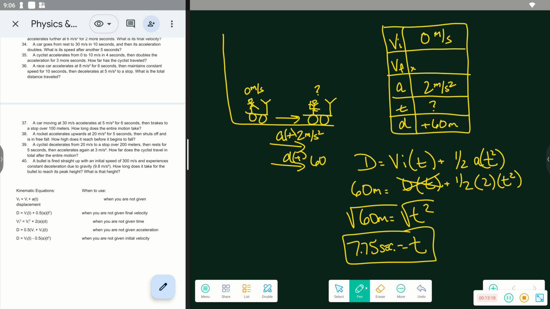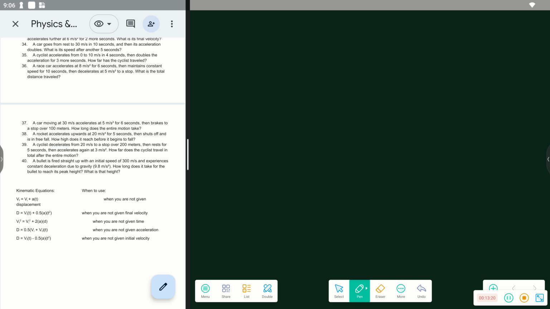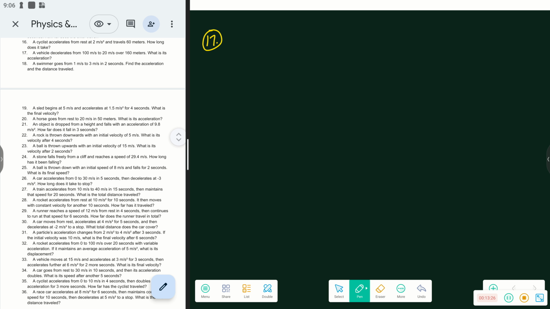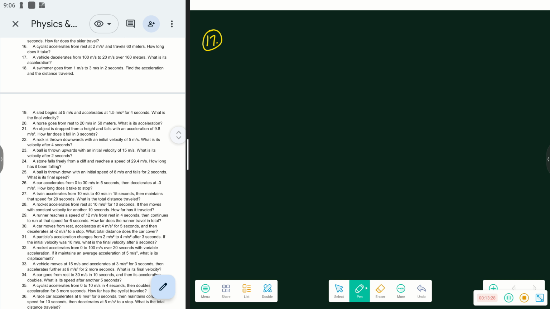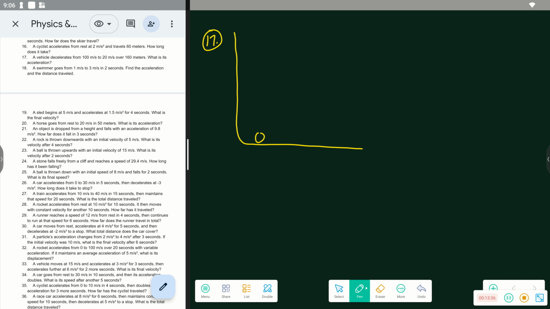Okay. All right. So number 17. A vehicle decelerates from 100 meters per second to 20 meters per second over 160 meters. What is its acceleration? All right, so it's a car going 100 meters per second, still traveling in the positive direction.